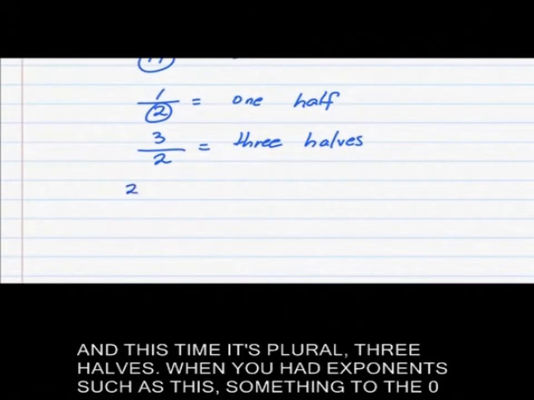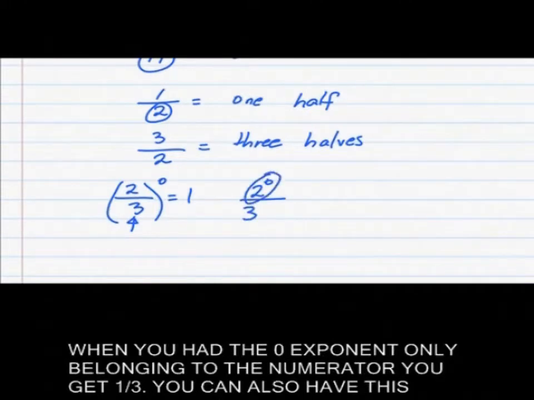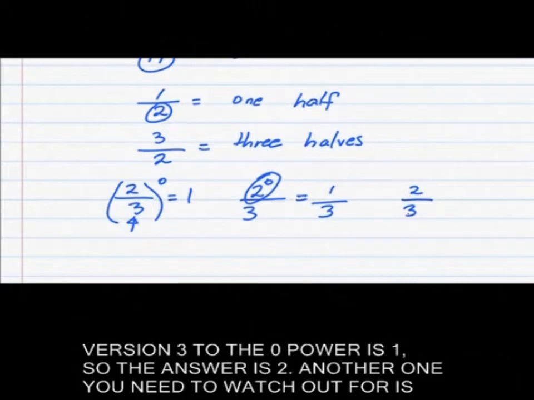When you have exponents such as this, something to the 0th power, when that something is not 0, that's always 1. But remember I warned you about that one? When the 0 exponent only belongs to the numerator, you get 1/3. You can also have this version: 3 to the 0th power is 1, so the answer is 2.